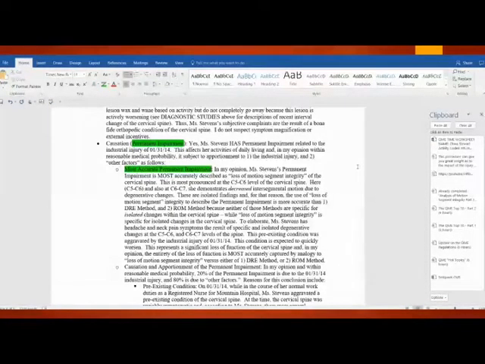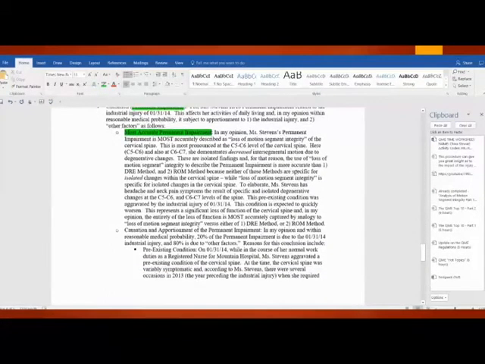To elaborate, Mrs. Stevens has headache and neck pain symptoms the result of specific and isolated degenerative changes at C5, C6, and C6, C7 levels of the spine. This pre-existing condition was aggravated by the industrial injury of 1/31/14.